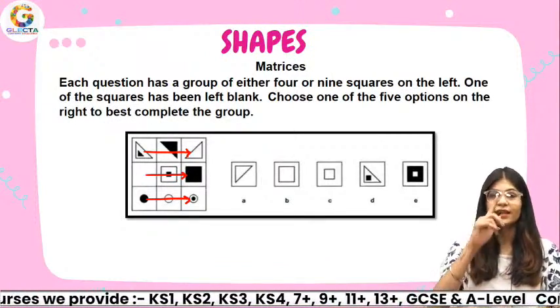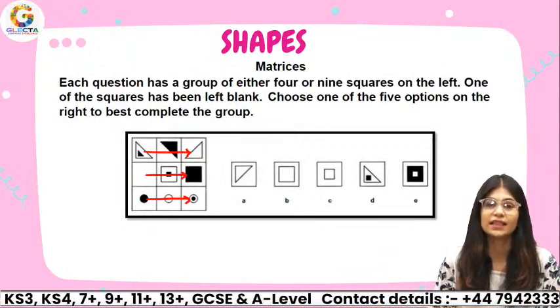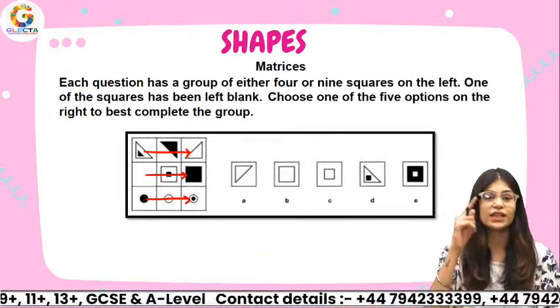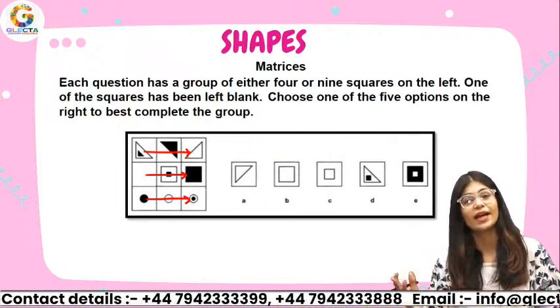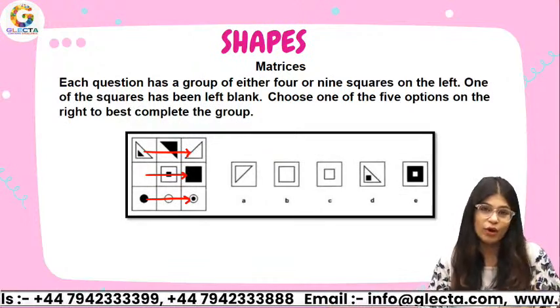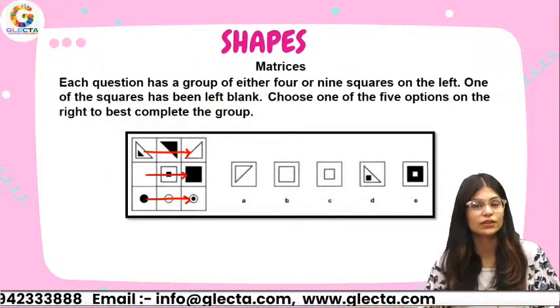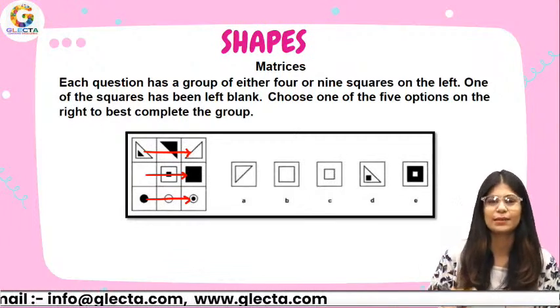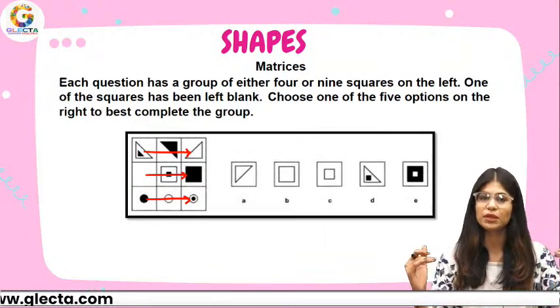If you see in the first line there's a triangle with a tiny black triangle in the middle. Then you see the middle triangle being all black. Then you see the white triangle. In the bottom line also, we have a black circle, a white circle, and a circle with a tiny black circle. So we have to follow the same pattern in the middle line.